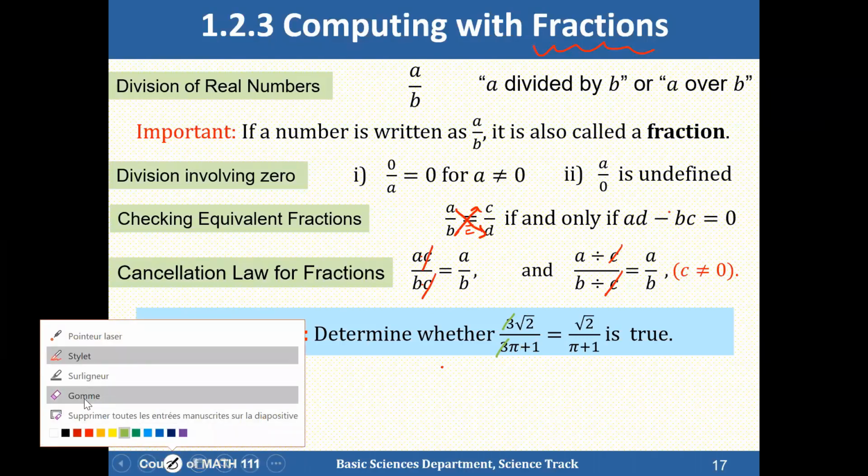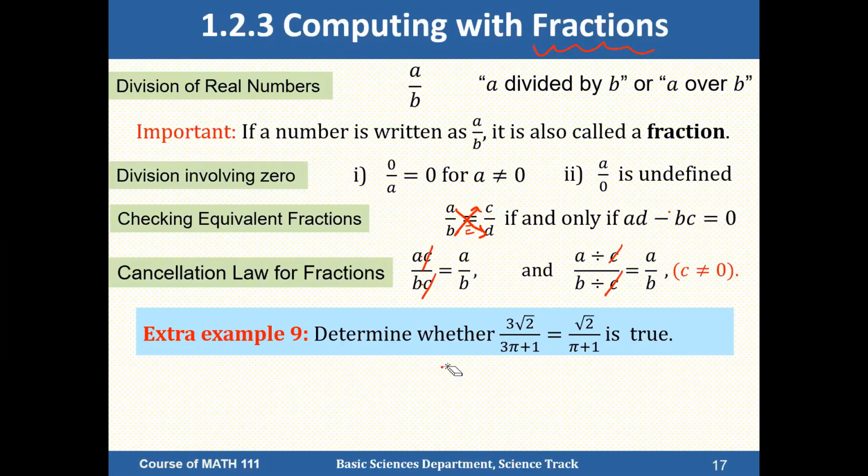Be careful. This is false. Why? Because I have addition here. So no cancellation. Simplification is not allowed. Okay? We do not cancel the 3 here and the 3 here. We cannot cancel because we have addition in the denominator.